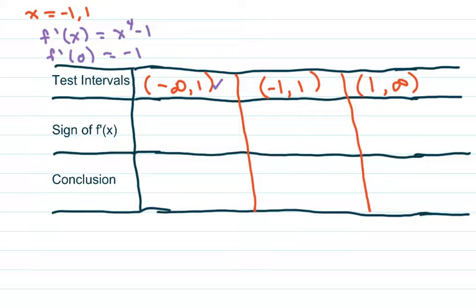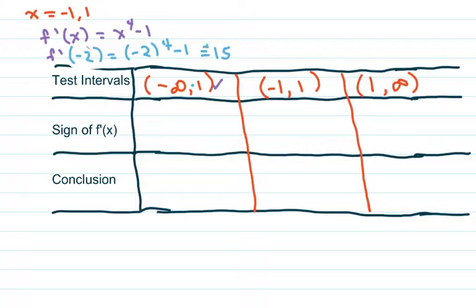That's a negative number. Oh, we can't plug in 0 for this first interval. Sorry about that. This should have been negative 1, so let's plug in negative 2. If I plug in negative 2, I'm going to get 16 minus 1, which equals 15.